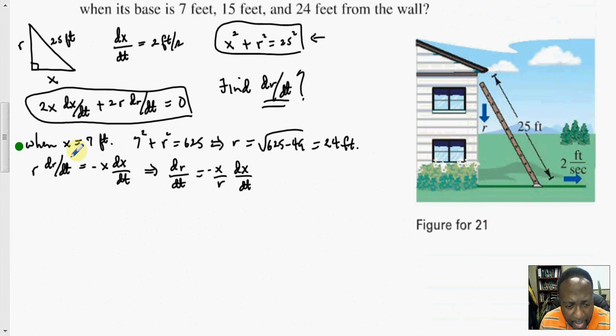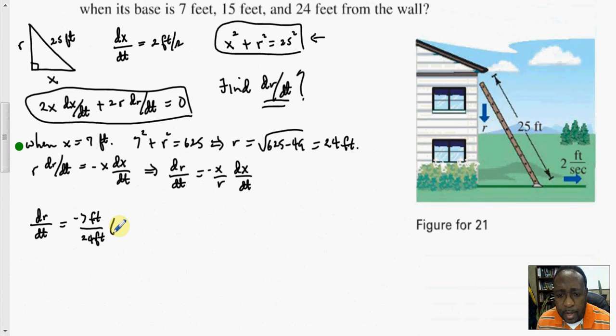So this is when x is equal to 7. So dr over dt is equal to negative 7 feet over r, and r we got to be 24 feet.